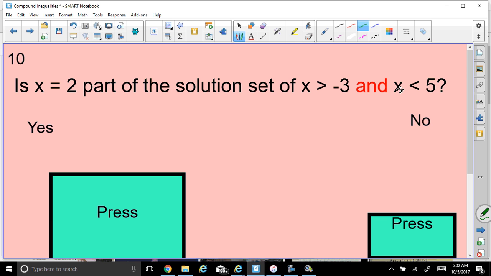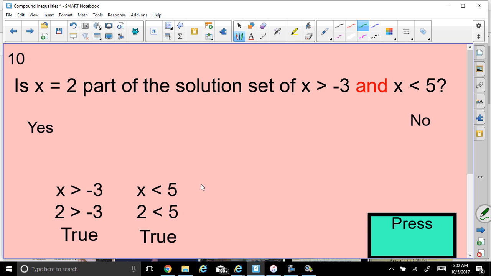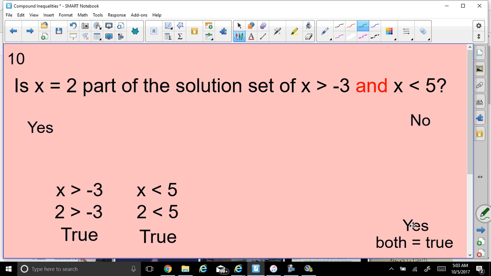And put a 2 here, 2 is less than 5, so I would say yes. And that's what I did. I just substituted to see if this one is true and see if this one is true. And remember, we're using and, both parts must be true in order for our inequality to be true. So I'm going to say yes.